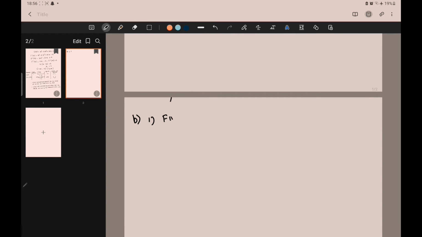Question B1 asks us to find the marginal cost function. The cost function given is 0.00001x cubed minus 0.003x squared plus 5x plus 1000.